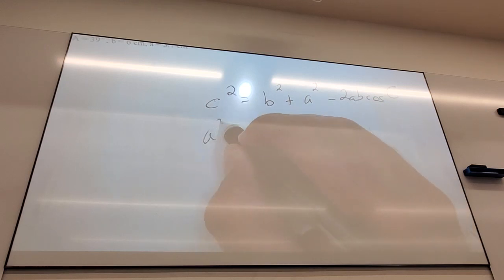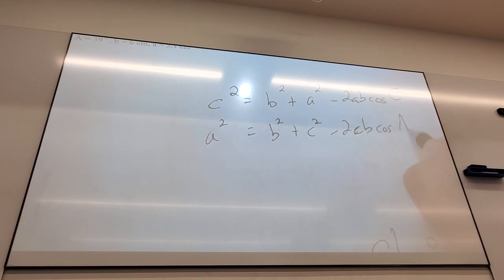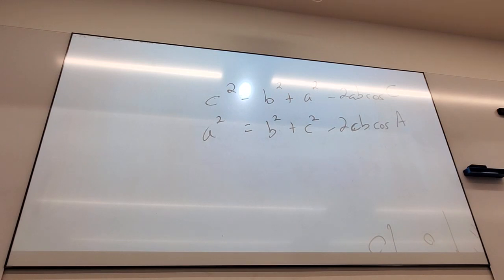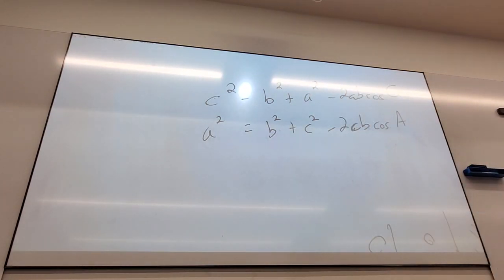Then if you had to figure out A squared, I would just replace A and C, like that, right? The form of the idea stays the same. I don't have to memorize 3 things. I memorize 1 thing, and then switch the letters as I need to. Just remember that the outside letters are the same letter. Yeah, exactly. So the outside letters go together, and the inside letters go together.